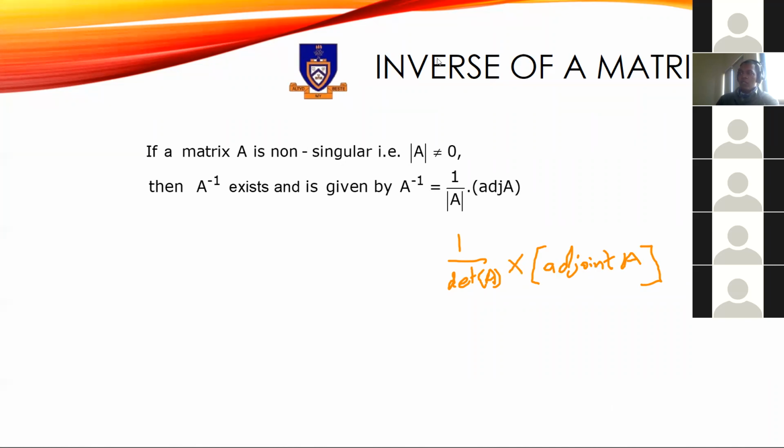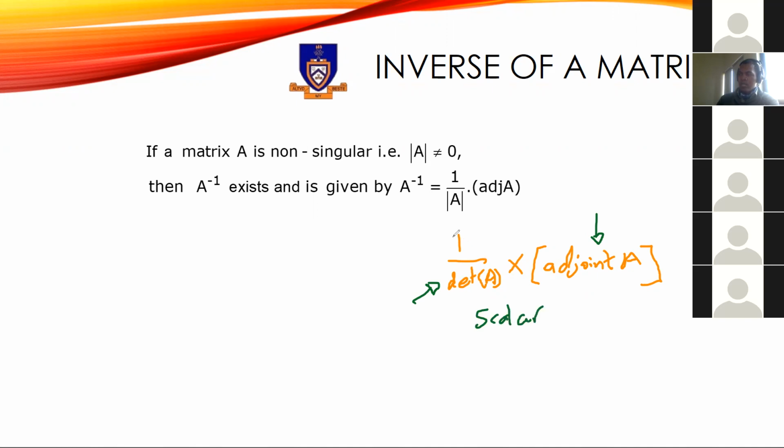So to get the inverse, you will be doing a lot of calculations. Remember, the determinant is a calculation on its own. To get an adjoint is another calculation on its own. Then you multiply these two calculations together. This will be basically a scalar multiplication.